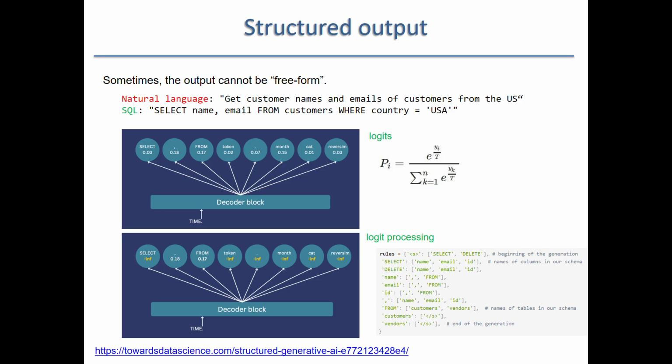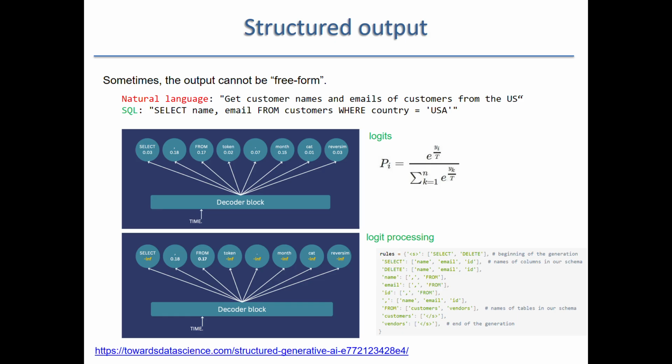So, for instance, select name, comma, email from customers where country is equal to USA. The thing is that the large language model generates words using the logits and the standard way that we have seen so far, but then we have some logic processing. So from this proposal, we have to go through some rules.